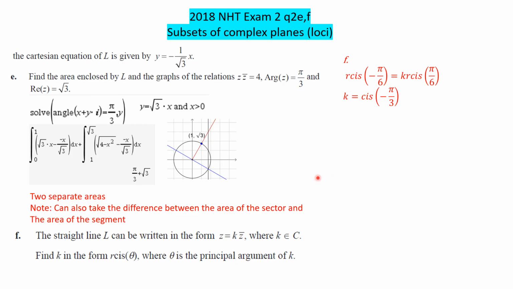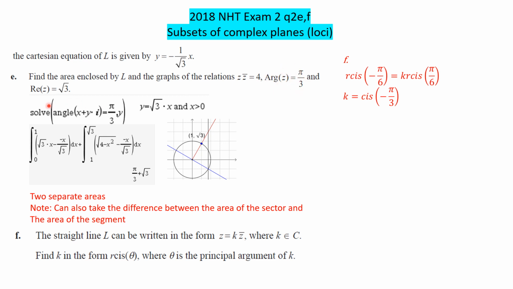Okay, another example, which is the last example. You're given the Cartesian equation y equal to negative x over root 3. We want to find the area formed between this line, which is the blue one, the graph of z times z bar equal 4, which is this circle here, and the line represented by argument z equal to pi over 3.